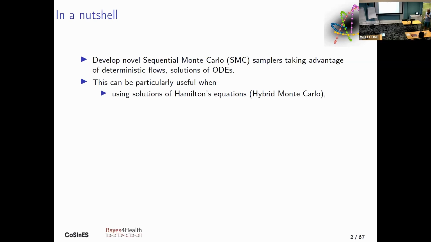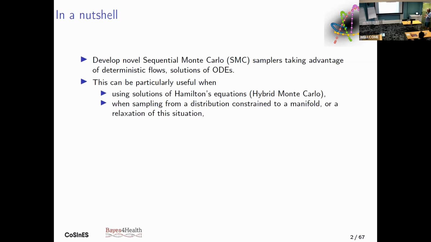And one king or queen application in our work is, of course, hybrid Monte Carlo, and not because we believe that it's a good method, but because it's a very, very popular method. But in fact, there are other scenarios where this may be interesting, and I won't expand too much on that, but I'll show you some pictures that will be very suggestive of the sort of things we've got in mind.